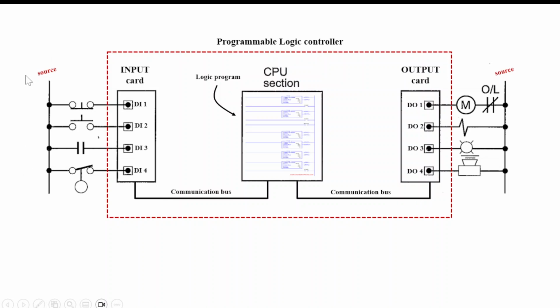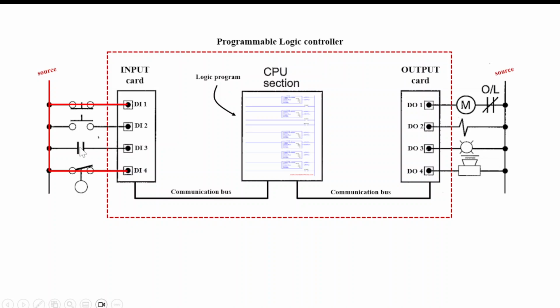Notice that there is a source on this side and also a source on this side. They don't necessarily have to be the same voltage. Right now, we can see that the normally closed devices would then be allowing a voltage to be applied to the terminal on this input card, discrete input 1 and discrete input 4.